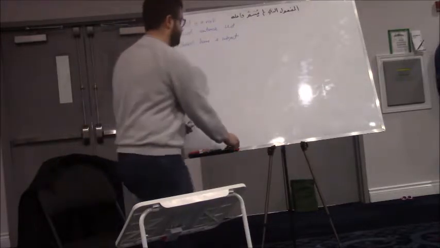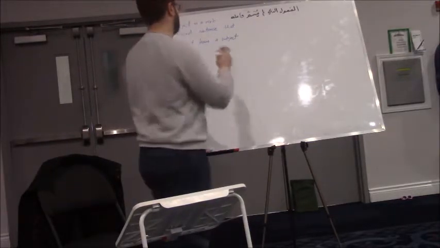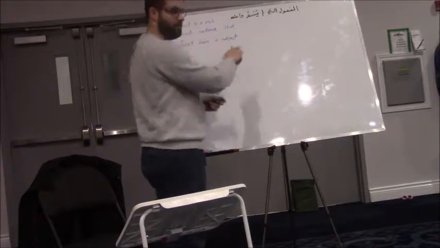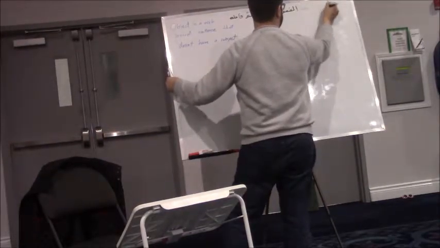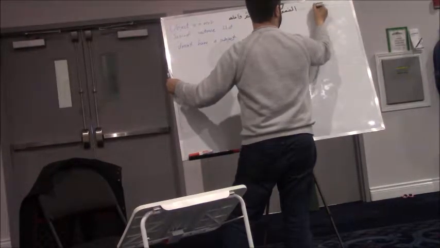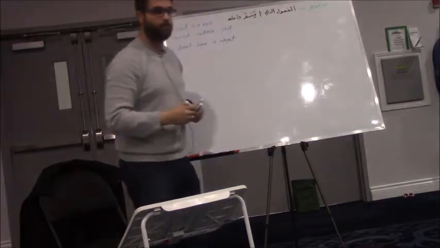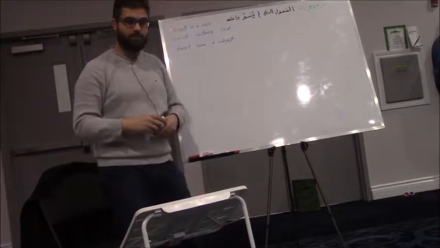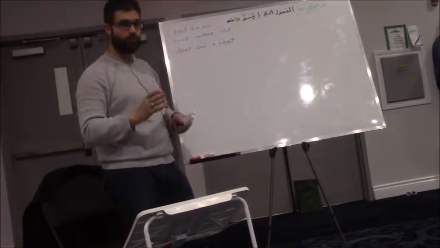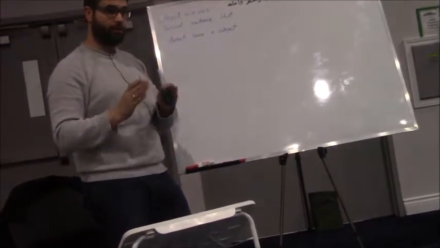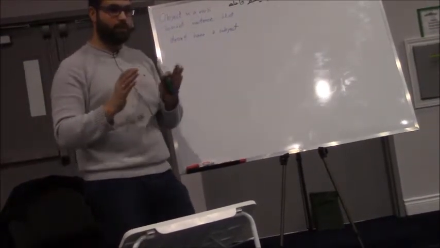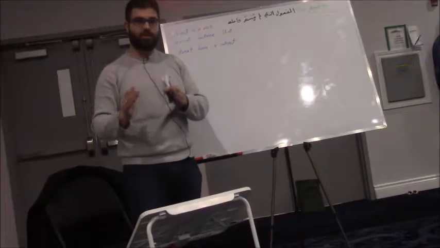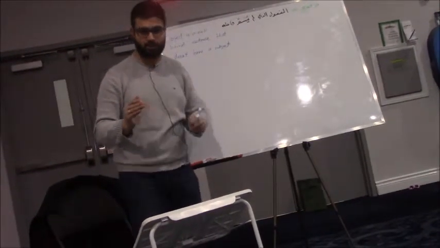Again, remind yourself that when I say المفعول الذي لم يسمى فاعله, the object in a verb-based sentence that doesn't have a subject, or the subject is not being named, this is a marfu'. This is a noun that is in the state of rafa'. Marfu' or the state of rafa' means that we're talking about a main character in a sentence that has not been tainted, has not been touched.